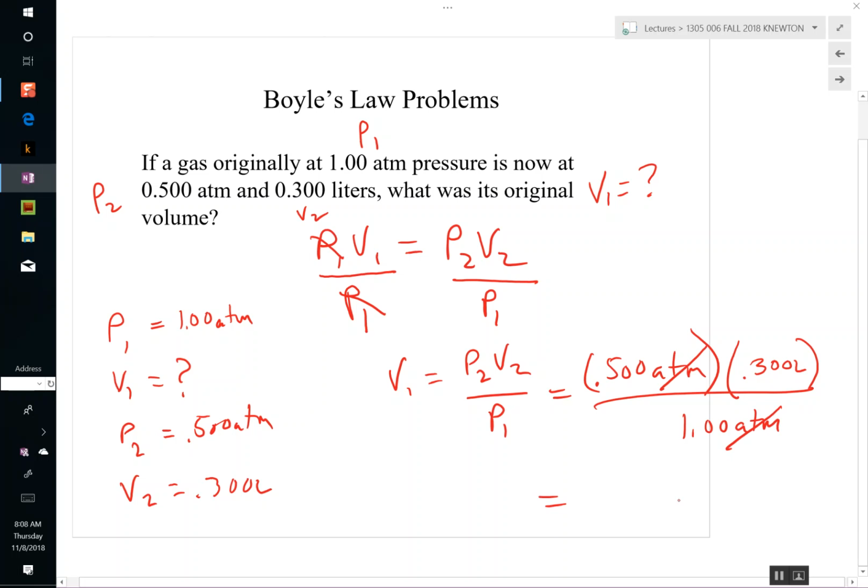There's my dimensional analysis. And what's the answer? 0.15. Is that right? Is that what everybody got? 0.15. Okay, now let's take a look at Charles' Law.